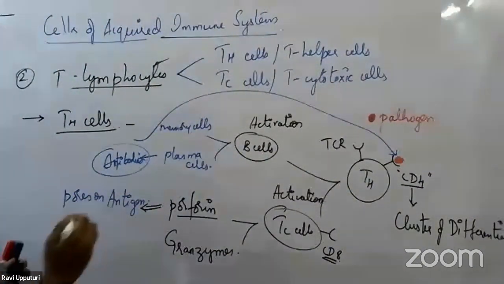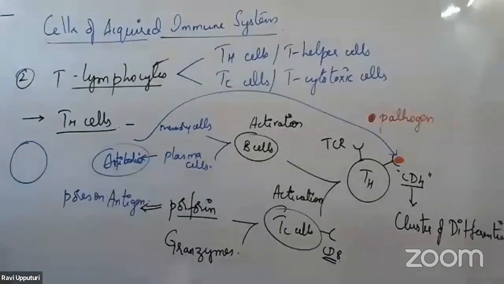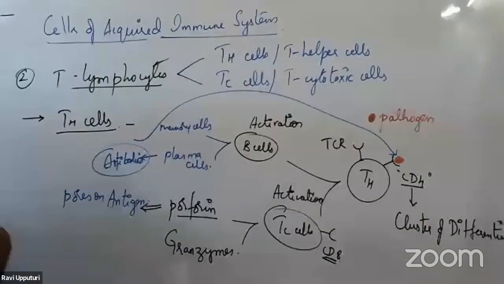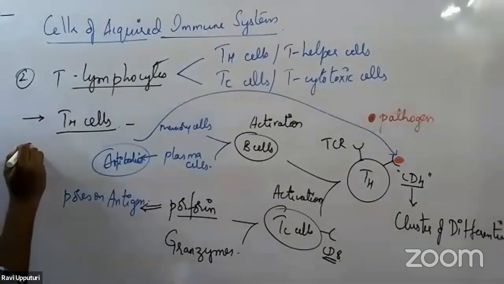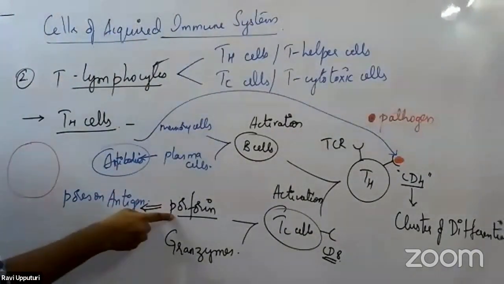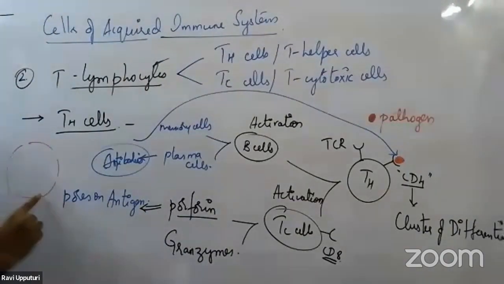Just imagine that this is the antigen that has entered inside the body. What does this perforin do? It starts making pores on the surface of this antigen.